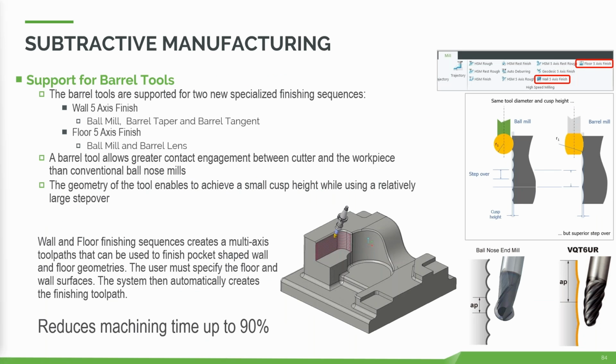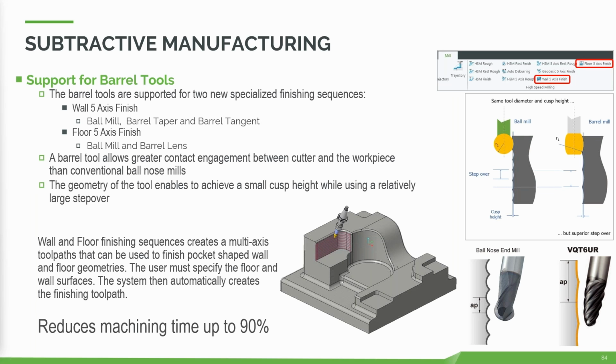Lots of stuff happening in additive manufacturing, but of course in subtractive manufacturing, there's plenty going on there as well. Okay, so inside Creo 10, one of the big new things is now supporting barrel tools. Okay, so these work in conjunction with some specialized 5-axis finishing sequences, wall or floor axis. So basically barrel tools, as you can see in the screenshot over here on the right hand side.